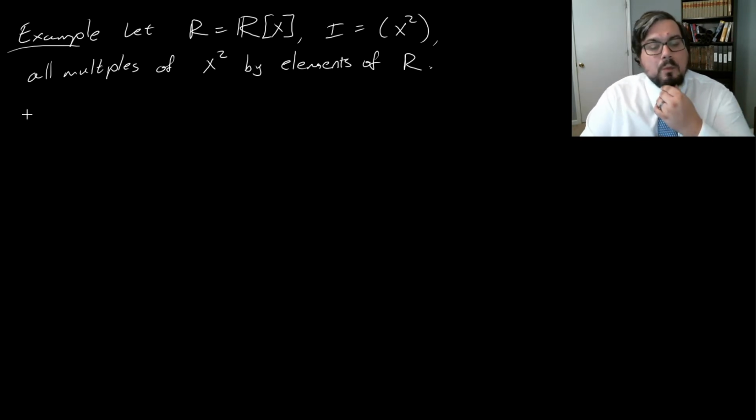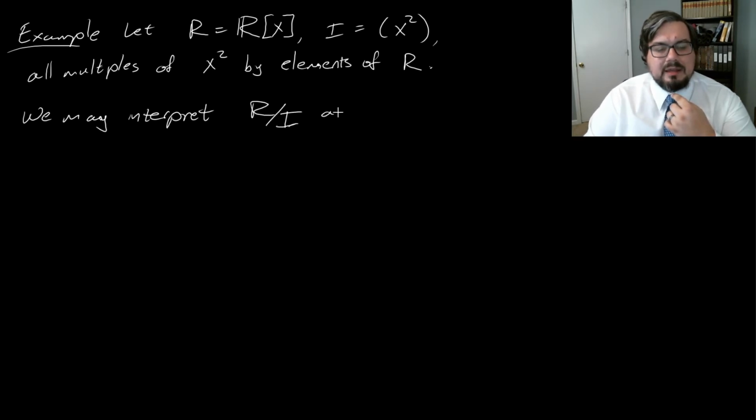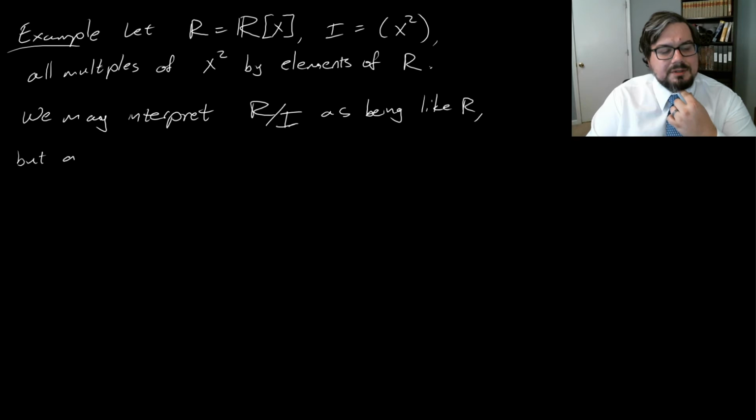Okay, now one thing that we may do is interpret R mod I as being like R, but all elements of I are set to 0.